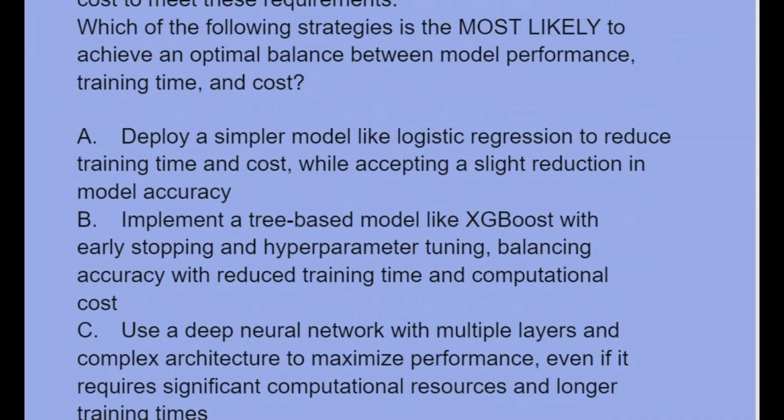Option A. Deploy a simpler model like logistic regression to reduce training time and cost, while accepting a slight reduction in model accuracy. Option B. Implement a tree-based model like XGBoost with early stopping and hyperparameter tuning, balancing accuracy with reduced training time and computational cost.